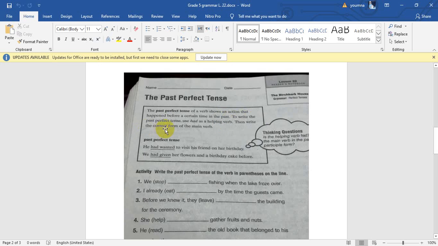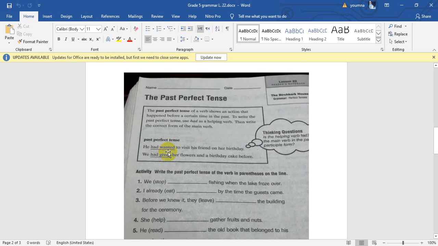To write the past perfect tense, use had as a helping verb, then write the correct form of the main verb, which is the past participle of the verb, and we said that it can be regular or irregular. Very good. Let's see it here. The past perfect tense. He had wanted. Had here is the helping verb.